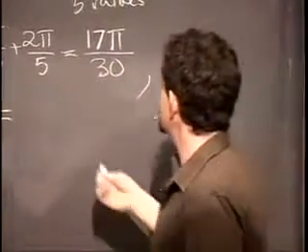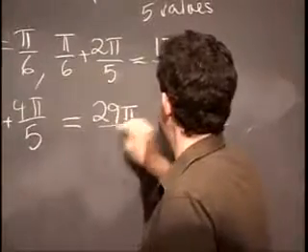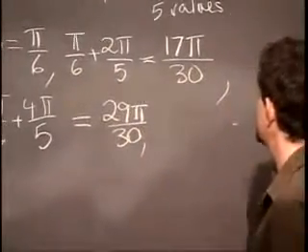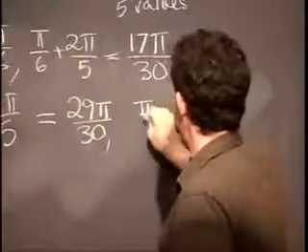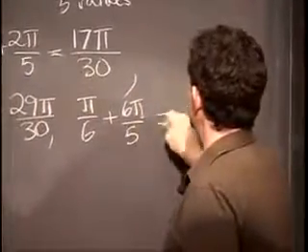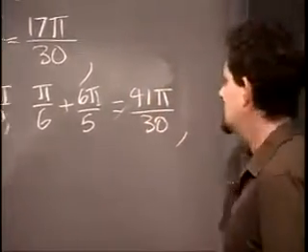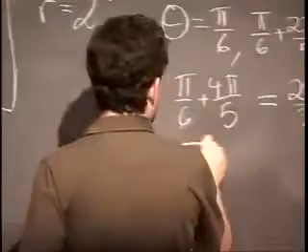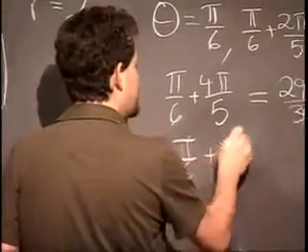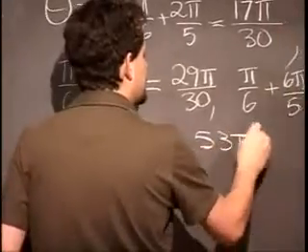So the next one is going to be 29π/30. π/6 plus 6π/5 will lead to 41π/30. And finally, π/6 plus 8π/5 is 53π/30.